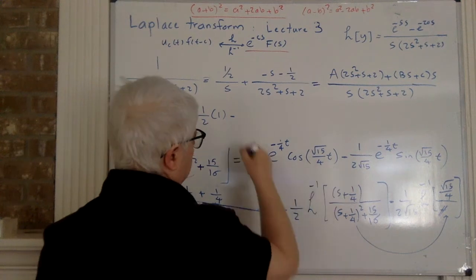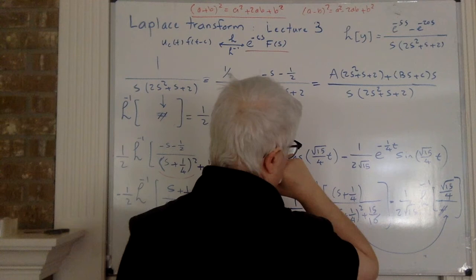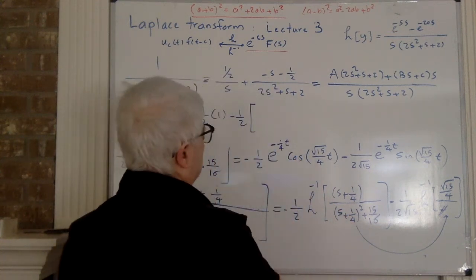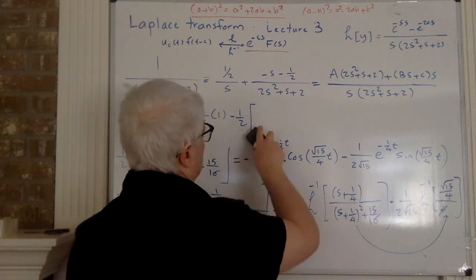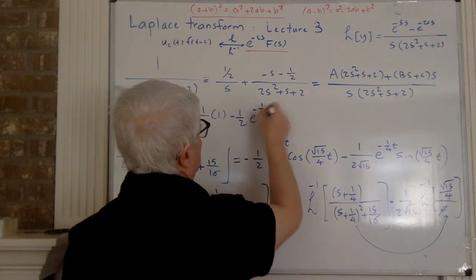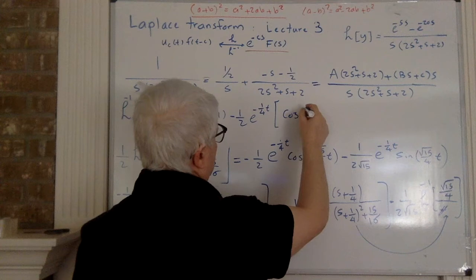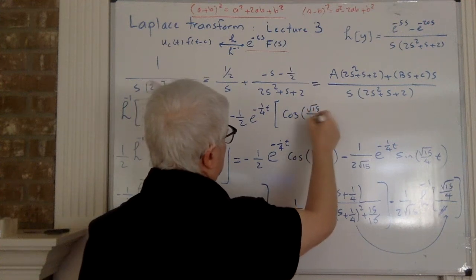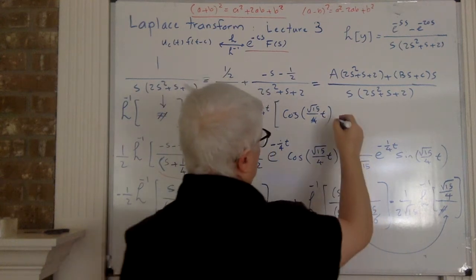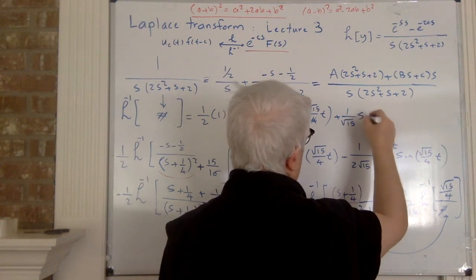Well, I can put the minus 1/2 outside, so I have e to the power minus 1/4 t, then this one is a cosine of square root of 15 over 4 t, and this one will be plus 1 over square root of 15 sine.